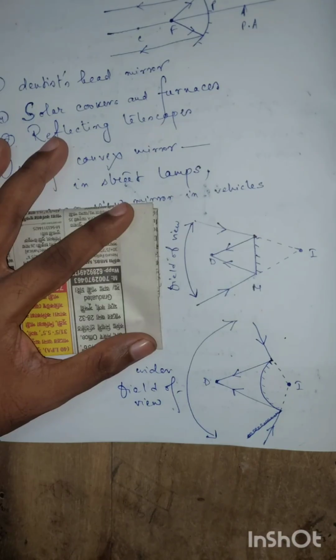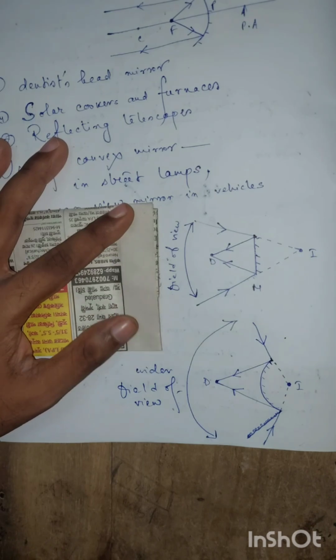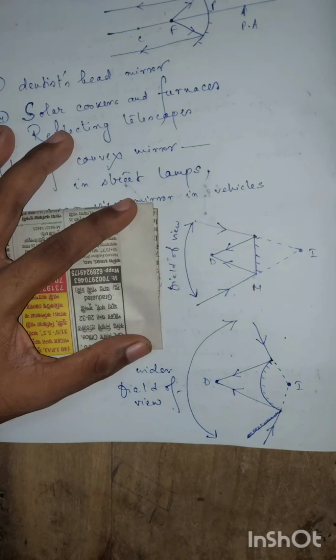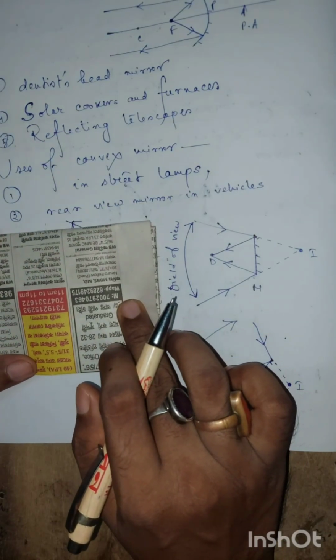The object appears closer than its actual distance. So this is the second use.